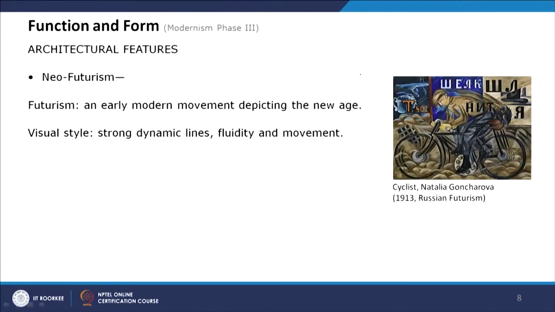Futurism mainly started in Italy and Russia in the early modern phase, which is around the 1920s, in the beginning of the modern era, and later it translated into many other architecture and art movements, and the neo-futurist style evolved from this futurist movement.